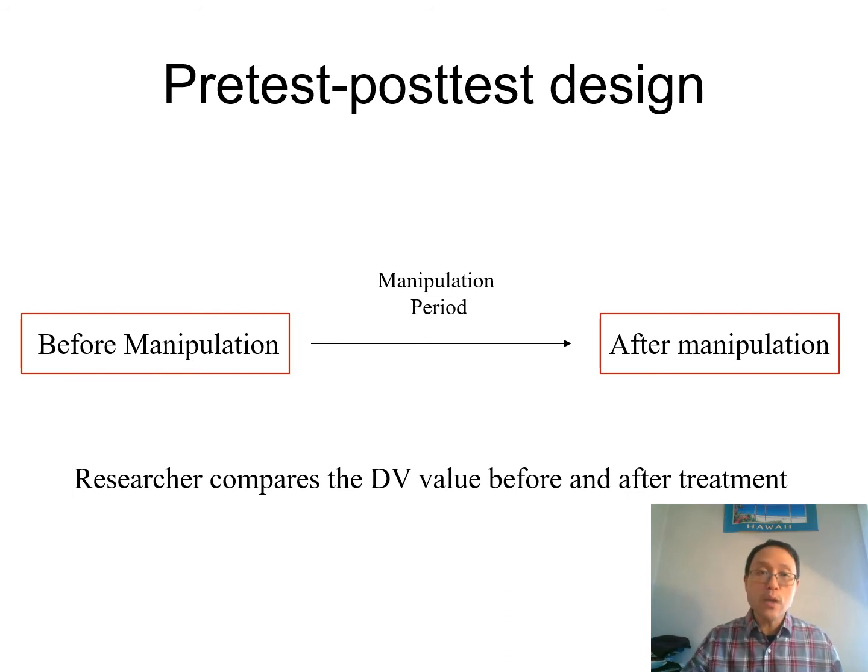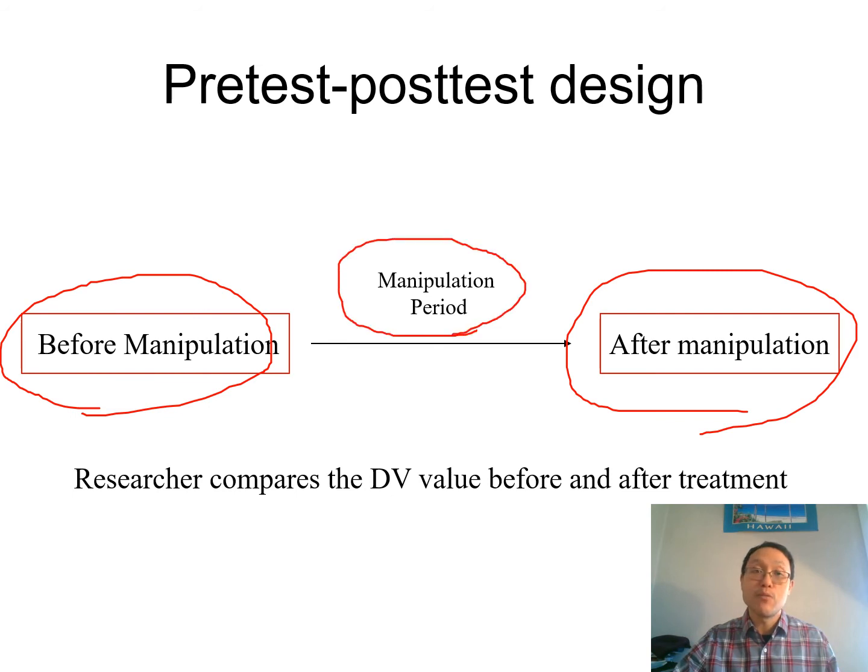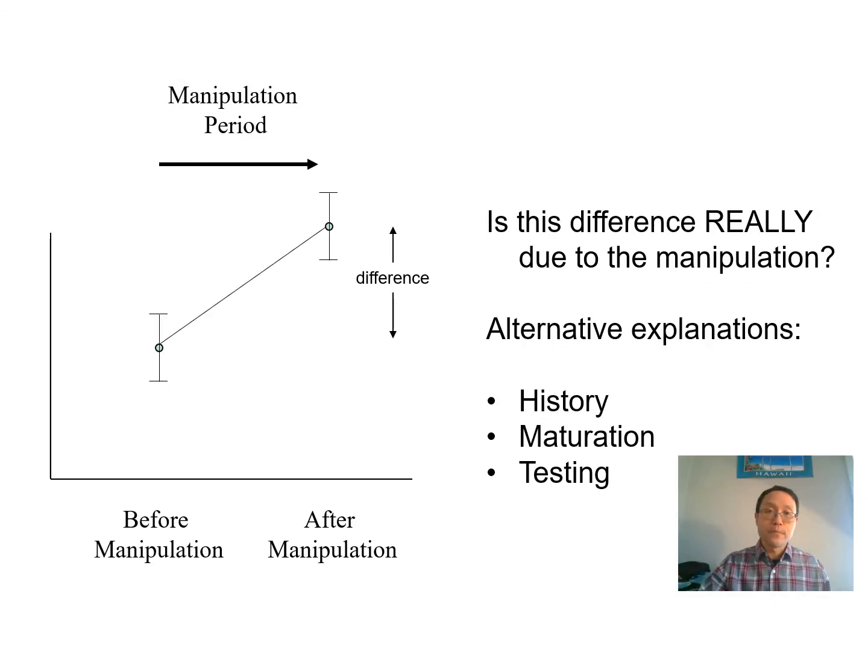Well, normally in the pre-test post-test design, what you have is before manipulation and after manipulation, and anytime between is the manipulation period, right? And then the researchers compare the dependent variable value beforehand and after.